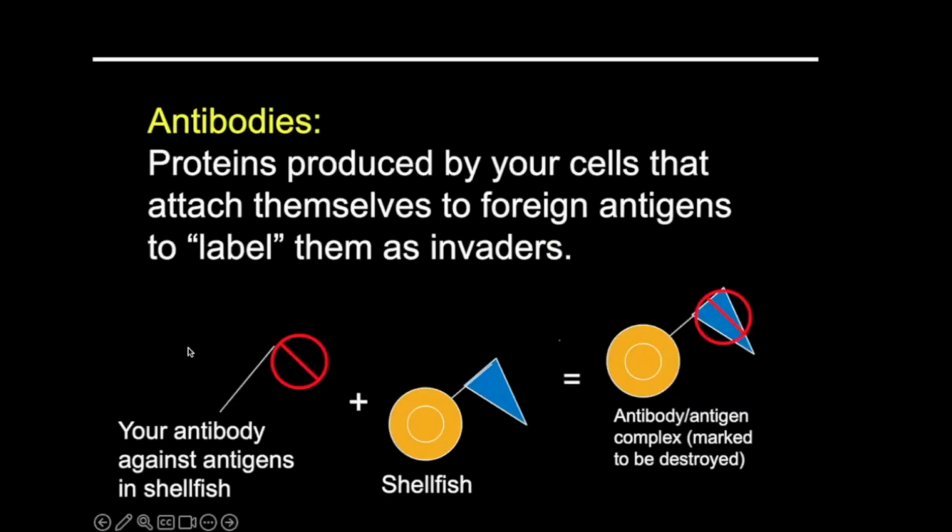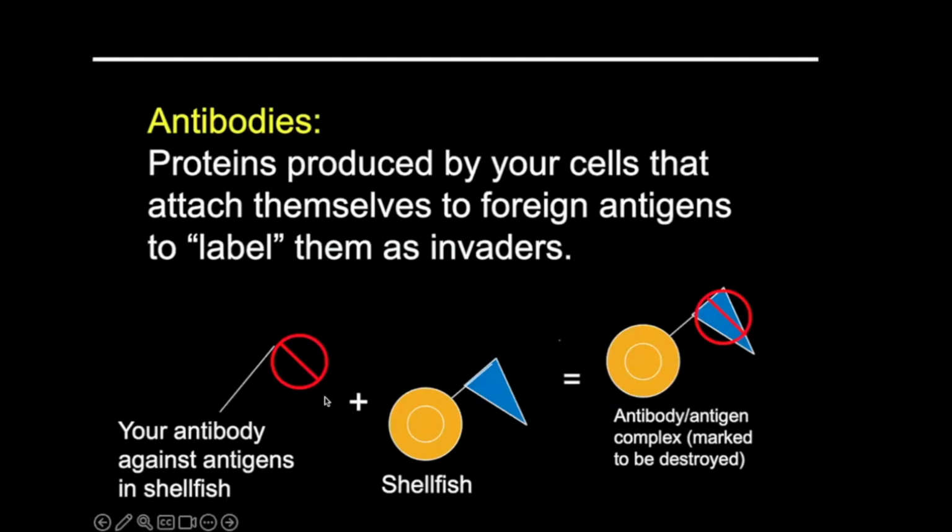So what's an antibody? This is a protein that your cells produce that attach themselves to foreign antigens and label them as invaders to be killed. So over here on the left, here's your little antibody. It is sensitized to the antigens in shellfish.